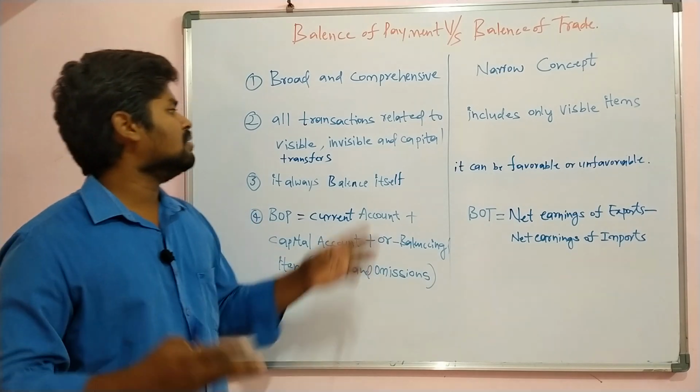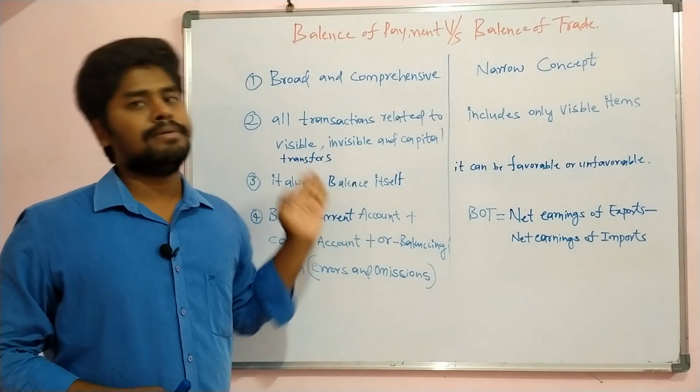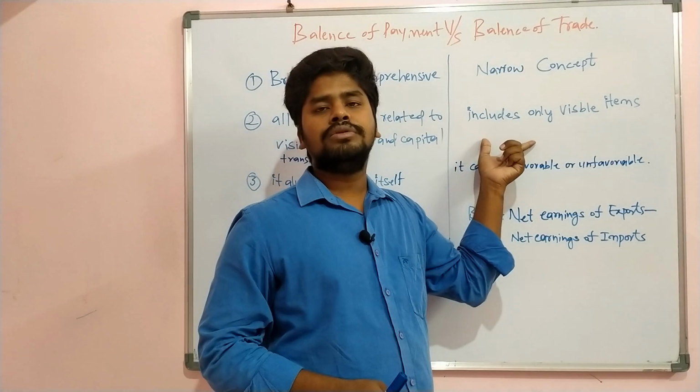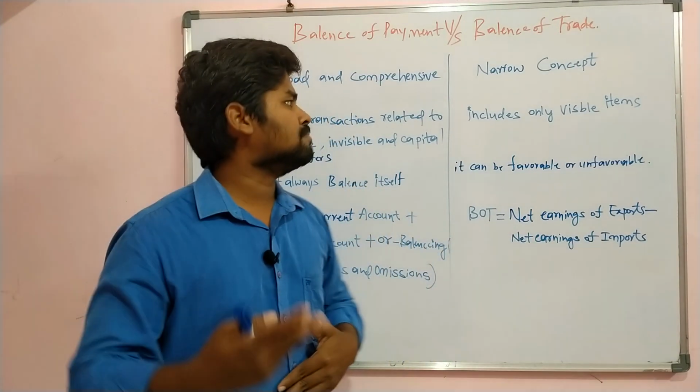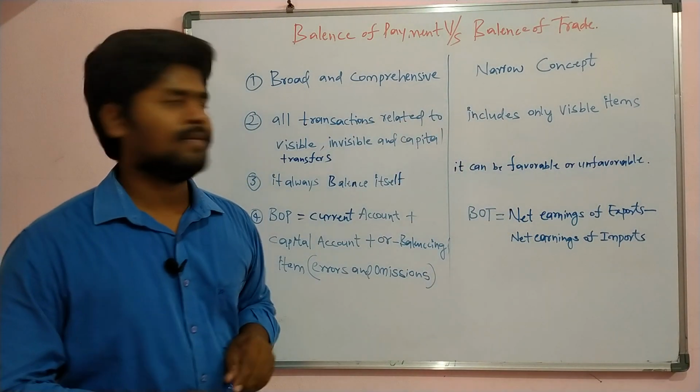Those all come under invisible items, right? And balance of trade includes only exports and imports. That is, the visible items are what add to the balance of trade, right?